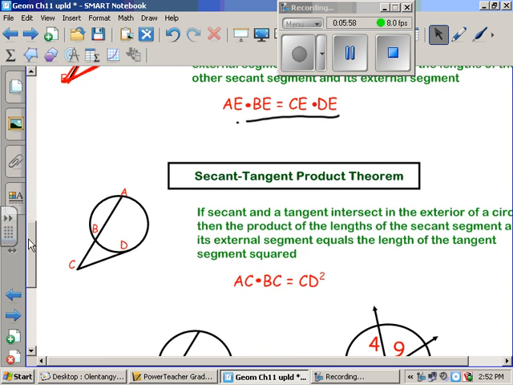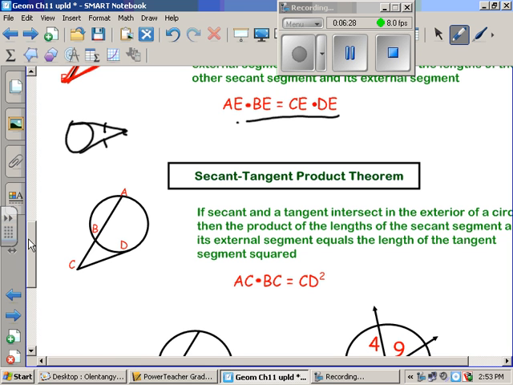All right. Then the only one left is when we have a secant and a tangent. Because remember, like day one, we learned what happens when we have two tangents. Remember? These two are equal. So we've already covered tangent a long time ago. So we've got chord, secant, and now tangent-secant. And the tangent-secant is a lot like the secant.